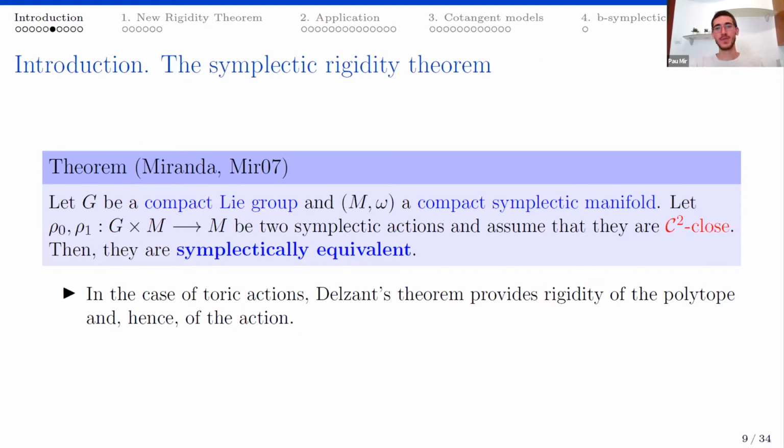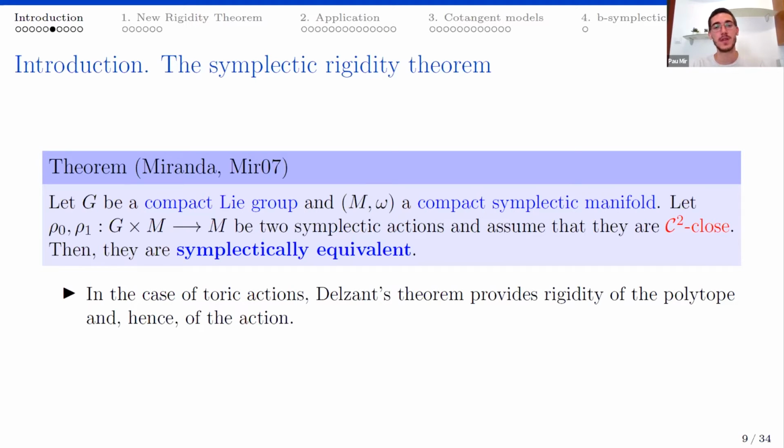This result was improved by Professor Miranda in 2007 in a symplectic version, a symplectically equivariant version, because the result of Richard Palais was for general differential manifolds. But in this theorem, Miranda proved that if you have a compact Lie group action acting on a compact symplectic manifold, then the diffeomorphism that conjugates both actions is not only a diffeomorphism, but a symplectomorphism.